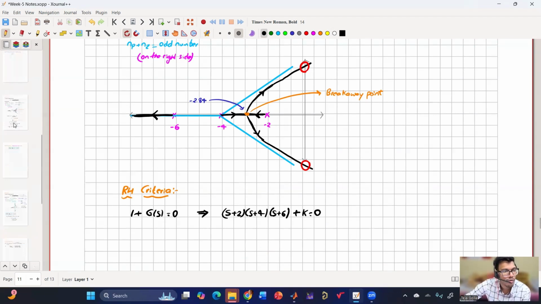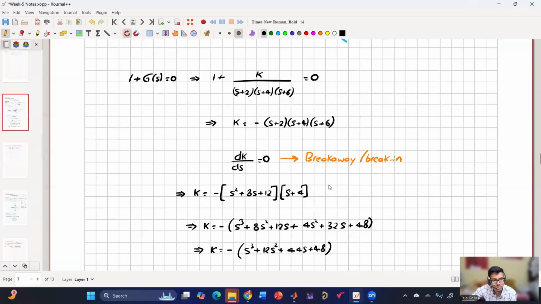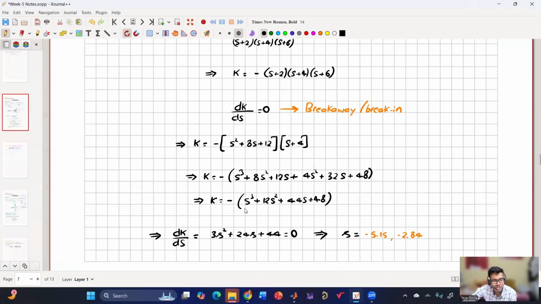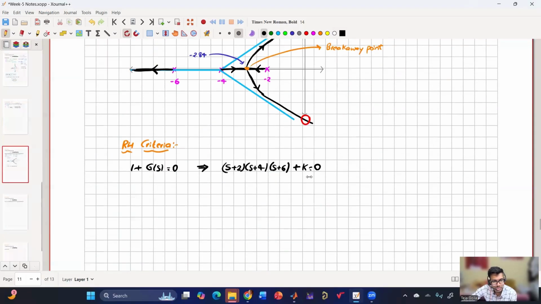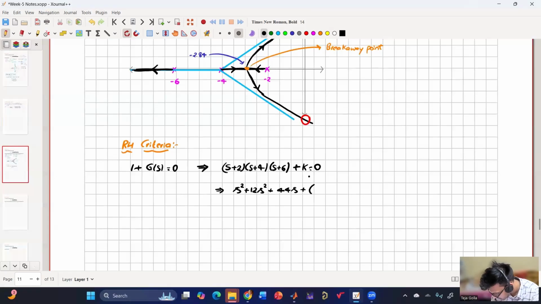And if I'm not wrong, we have already expanded this. So it is s cube plus 12s square plus 44s plus 48. So now I'll get s cube plus 12s square plus 44s plus 48 plus k equals 0. Is this clear?